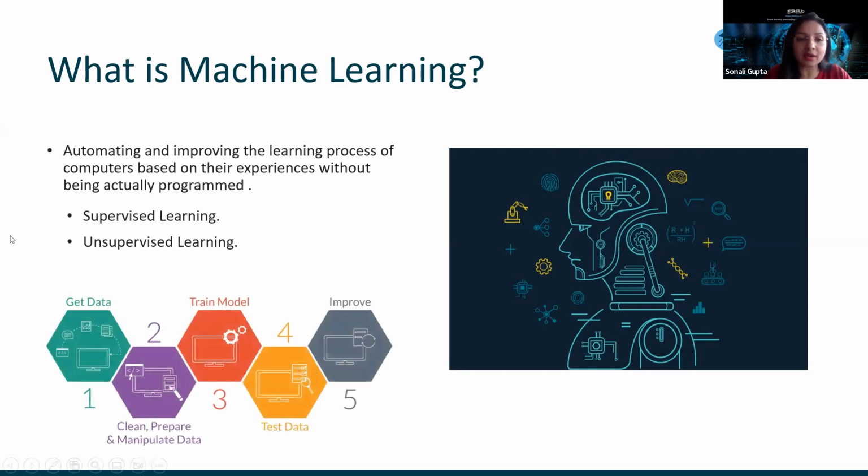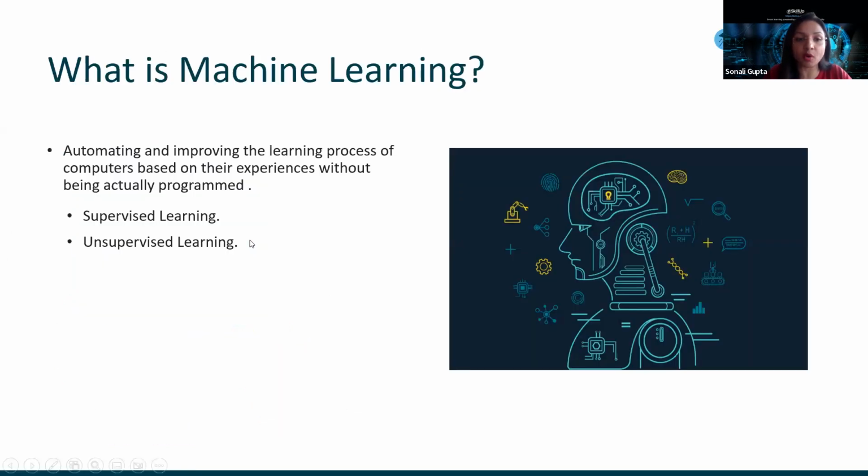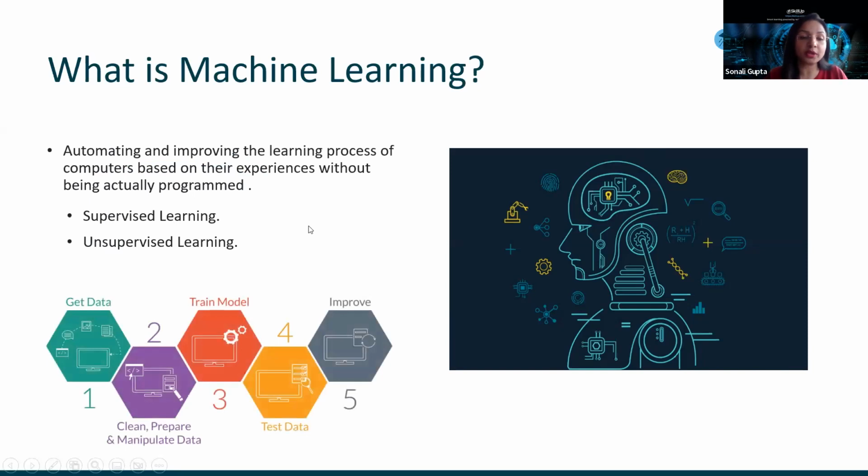And this is generally the model for machine learning. We take the data, we clean, prepare and manipulate the data. Once your data has been cleaned and is ready to be processed, we train the model and then we test it.